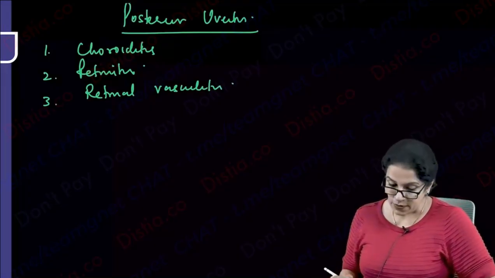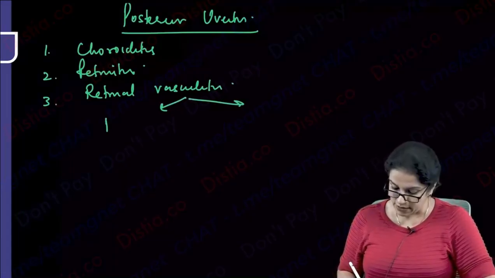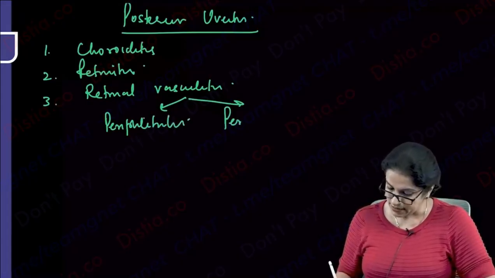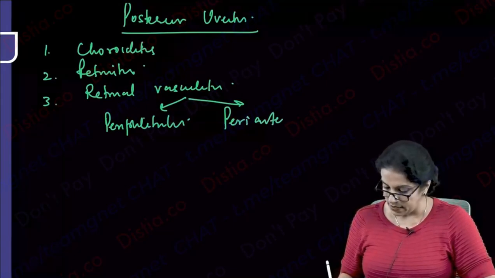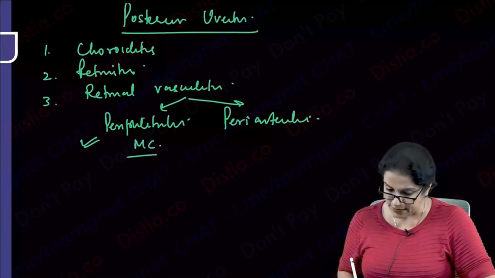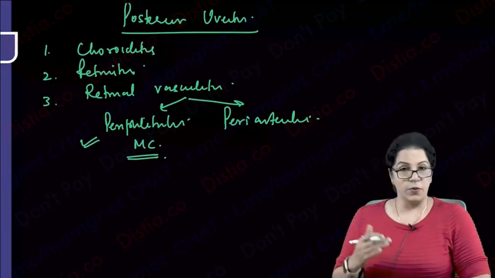So vasculitis means we are talking about both artery and vein. Vein involvement is called periphlebitis and artery is periarteritis. Got it? But periphlebitis is more common. How will retinal vasculitis present?